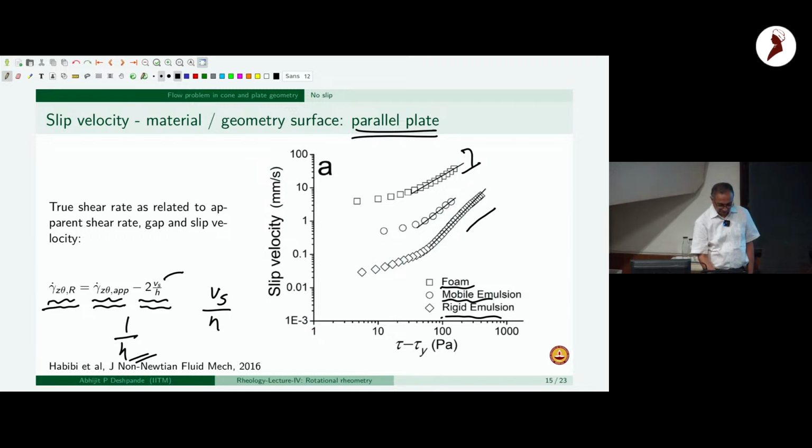Then the analysis of the power law dependence of the slip velocity on the difference compared to the yield stress of that particular material will again help us make sure that it is indeed slip, and that slip is related to how the material's force chains form and then move as a plastic flow, and therefore slip is there in the system. So that kind of analysis will hopefully lead to a better comprehension of what the data says.